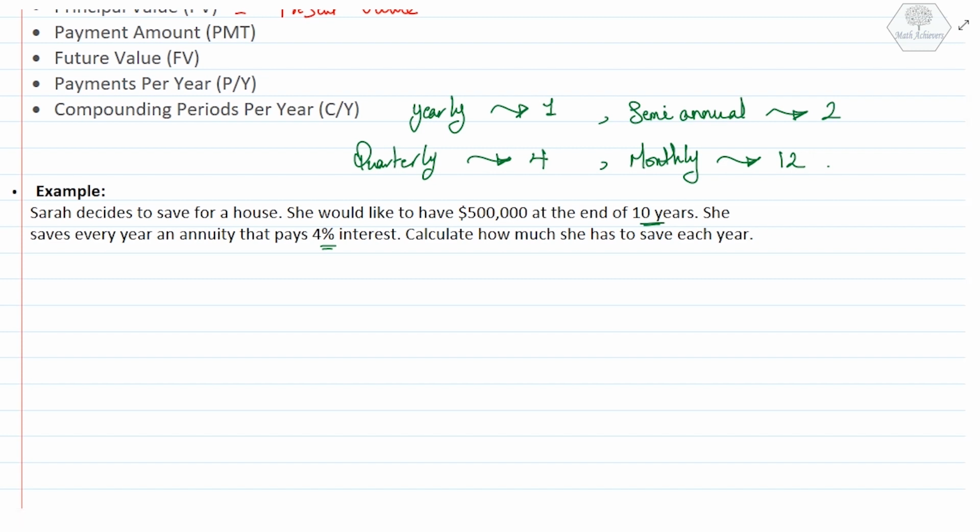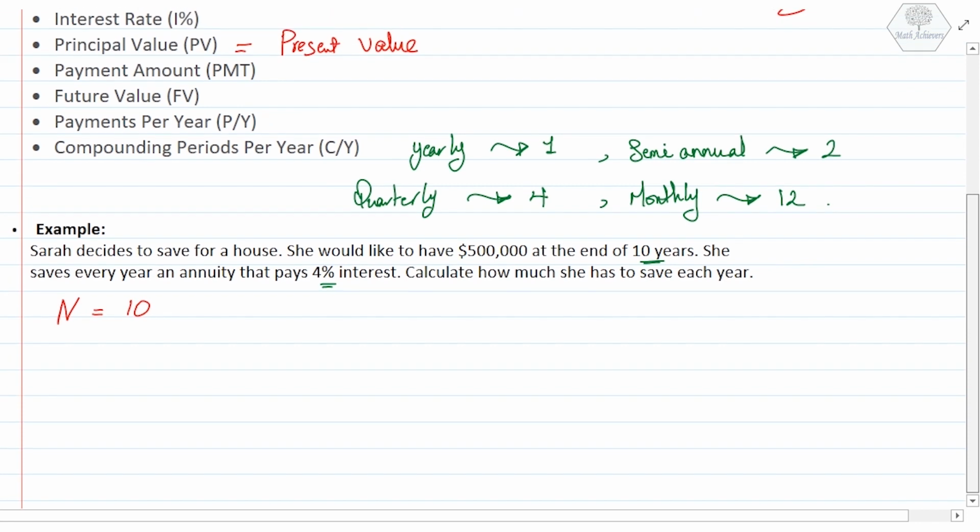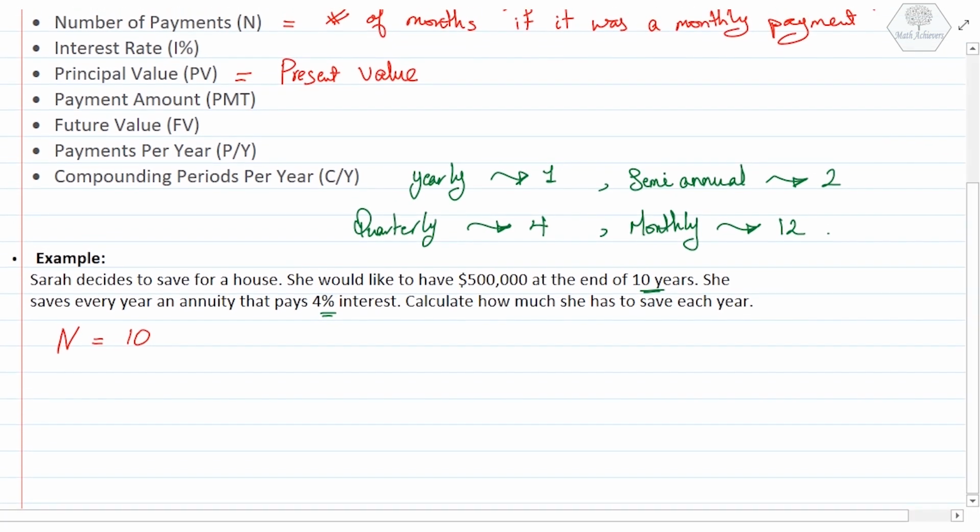So now, the first thing I need to know is N, the number of payments. N simply equals 10 years, so it's equal to 10. Then the interest rate is equal to 4. The PV, the principal value, in this case is equal to 0 because it starts from 0.